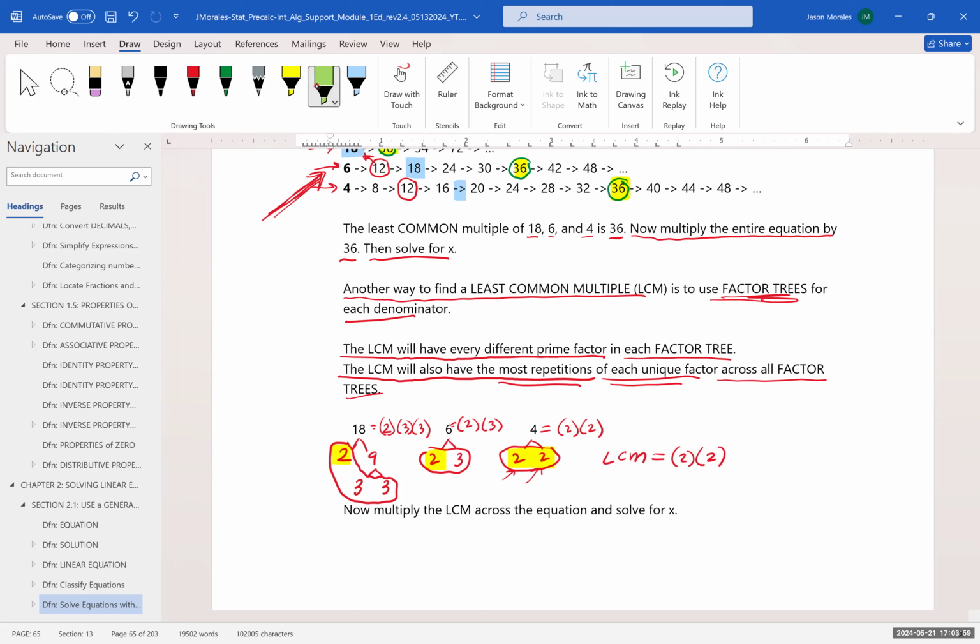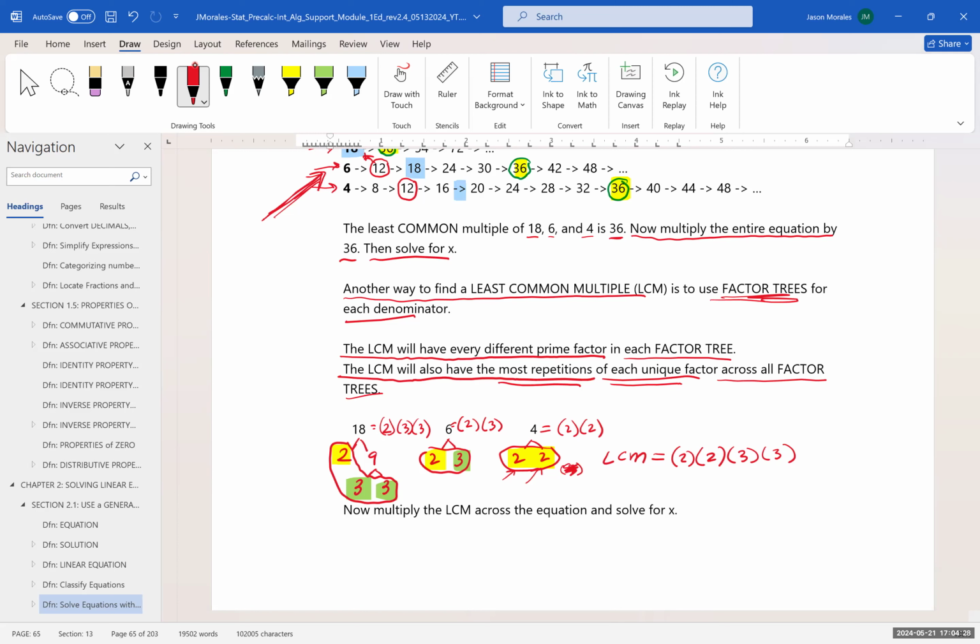Now let's look at the next unique factor across all of the factor trees. We've got 3. What's the most number of 3's that we've got across all factor trees? Well, we've got 2 of them. And that's it. We're all out of unique factors. We don't have another factor of 5 somewhere, or 7 or 11.